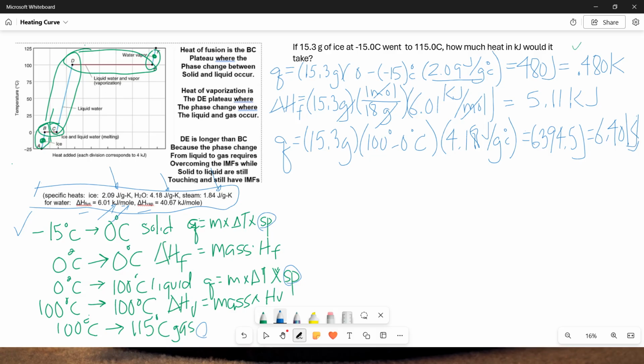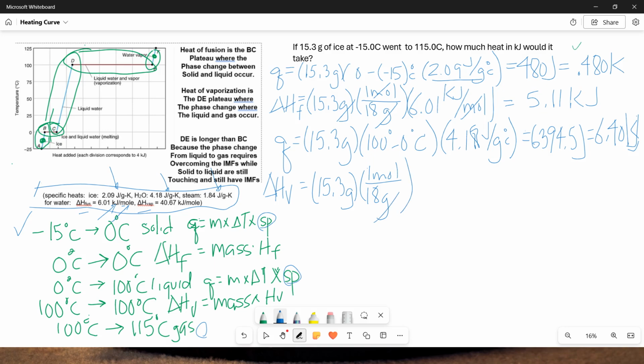Okay, now we're along line DE. That is where we're in the vapor phase, or phase change. That's going to be heat of vaporization. And of course, that's going to be the mass times the heat of vaporization constant. Now again, this is in grams and our constant's in moles. So I'm going to take the molar mass of water, which is 1 mole over 18 grams.